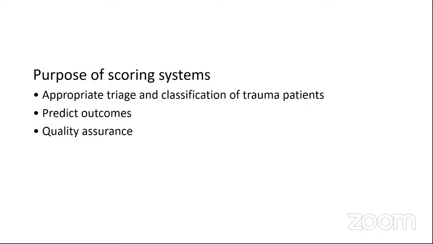Another is to predict outcomes or mortality, and the last one is quality assurance. These are the three main things which can be done from the trauma scoring system.